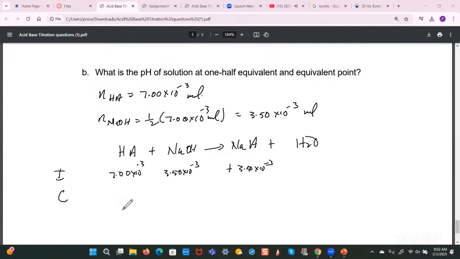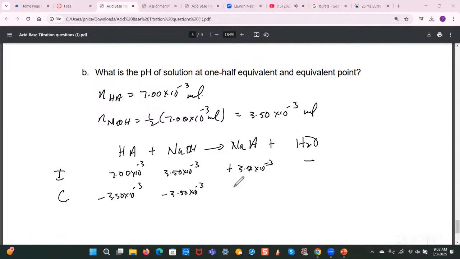So the change would be what? What would be the changes that would occur in this case? Minus 3.50 times 10 to the minus 3 here. Same thing here.